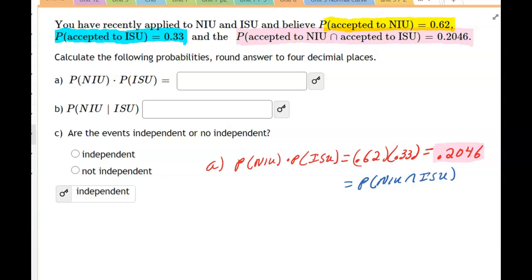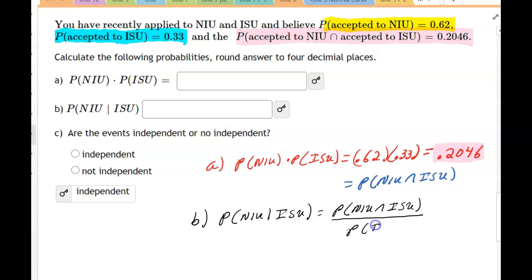The second way we talked about justifying independence is to use conditional probability. If I were to check the probability of NIU given Illinois State, that's the probability of NIU and Illinois State over the probability of Illinois State, which is equal to 0.2046 divided by Illinois State, 0.33.